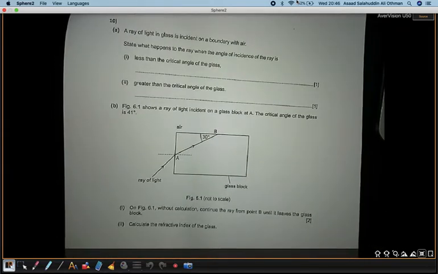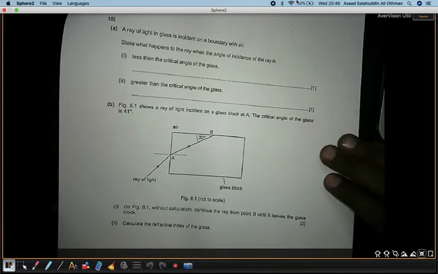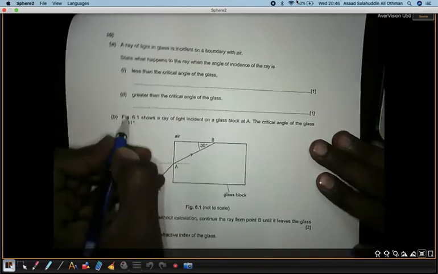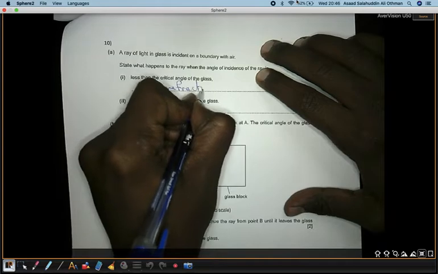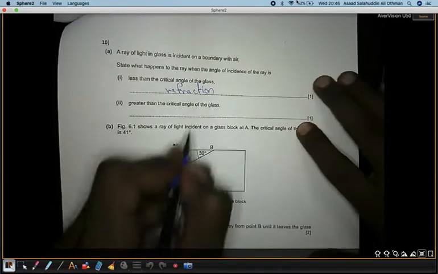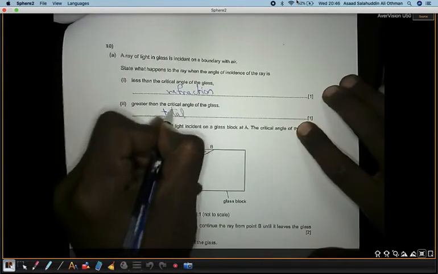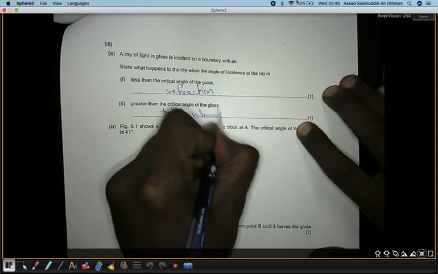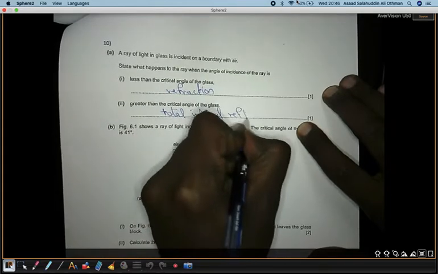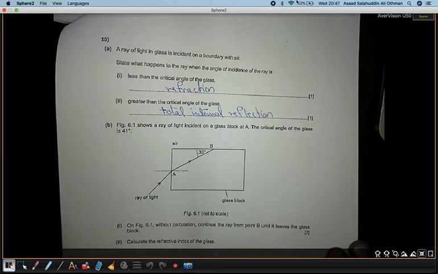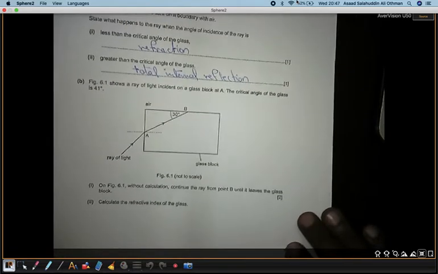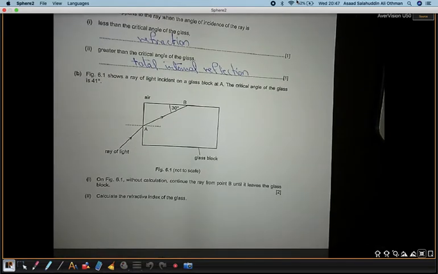Moving on. State what happens when the angle is less than the critical angle: refraction. Greater than the critical angle: total internal reflection. On figure 6.1, continue the path.